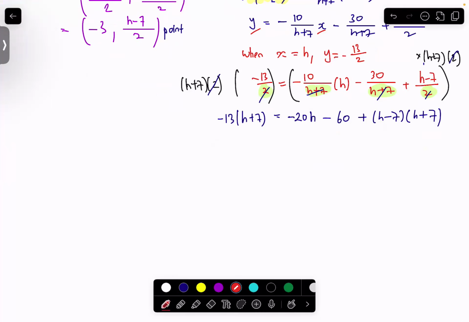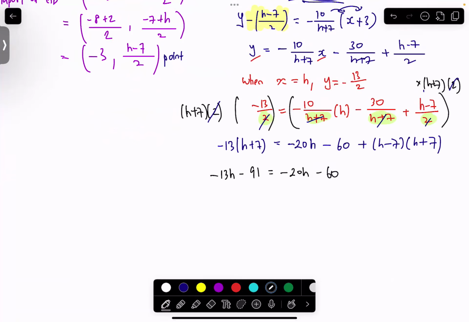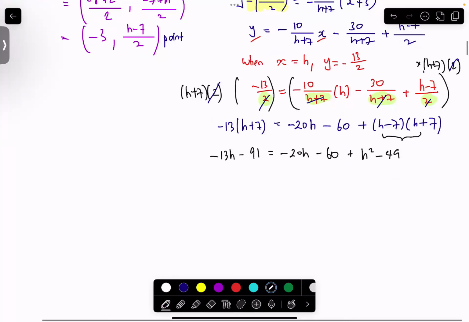Now I just have to expand. So -13h - 91 equals -20h - 60 plus, this is our a squared minus b squared, so plus h squared - 49. Since my h squared is positive on the right, I'm going to shift everything to the right.